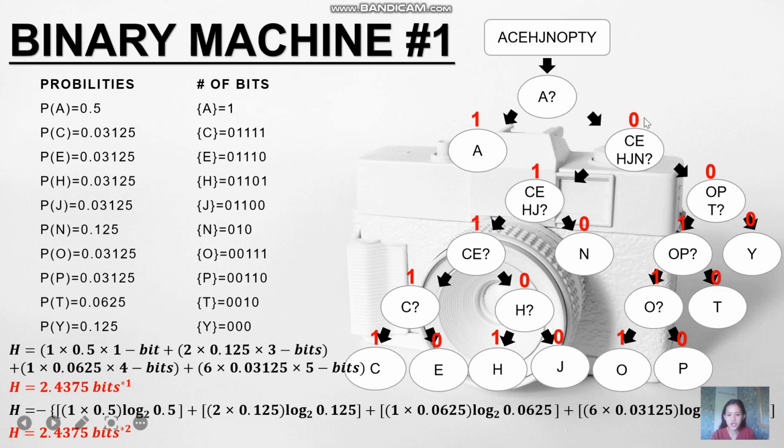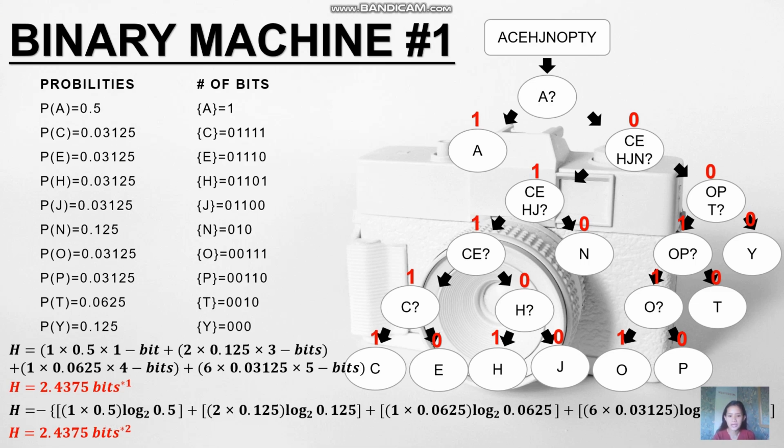And for the H, we have 0, and then 1, and then 1, and then 0, and then 1, so that's still a total of 5, so the probability is 0.03125. For the J, that will be 0, 1, 1, and then 0 and 0, so that will be still a total of 5 bits, so still a probability of 0.03125.